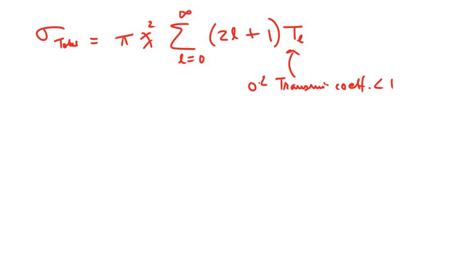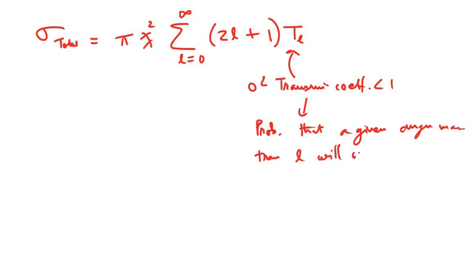Now this transmission coefficient basically expresses the probability that a given angular momentum transfer L will occur. What happens at high projectile energies?